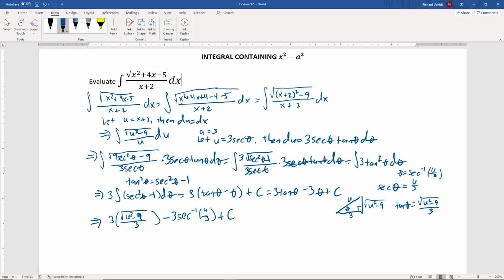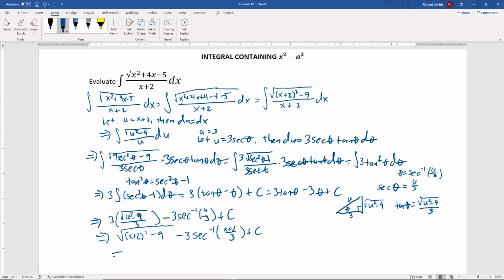But remember, this is not our final answer, because our original integral had x's, not u's, so we got to then plug in the x plus 2 in for u. So this would give us, the 3's cancel from the first term, so we'd have the square root of, instead of u squared minus 9, x plus 2, that quantity squared, minus 9, minus 3 times secant inverse of x plus 2 over 3 plus c.